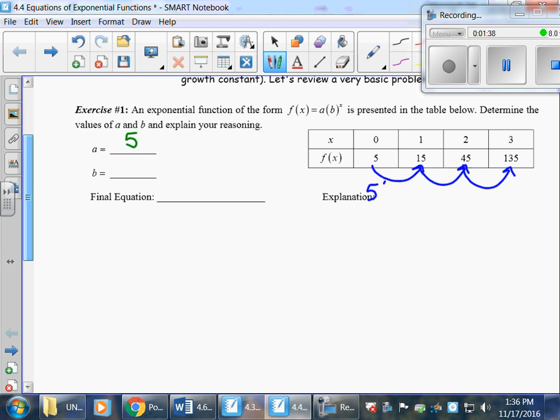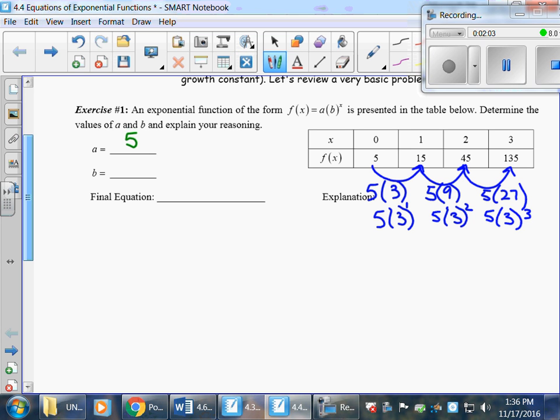So to get to 15, I'm doing 5 times 3. I start with my initial 5 again, and I go 5 times 9, and my initial here is 5 times 27. So now I can translate that into my exponential: 5 times 3 to the first, 5 times 3 to the second, and 5 times 3 to the third.